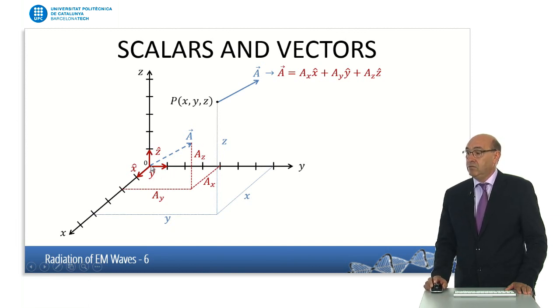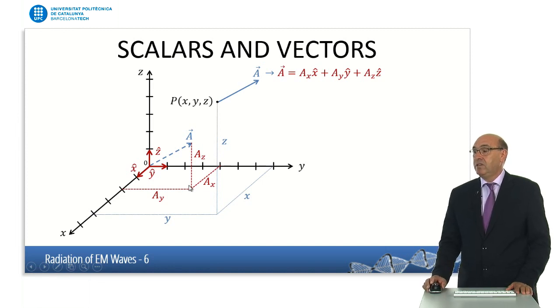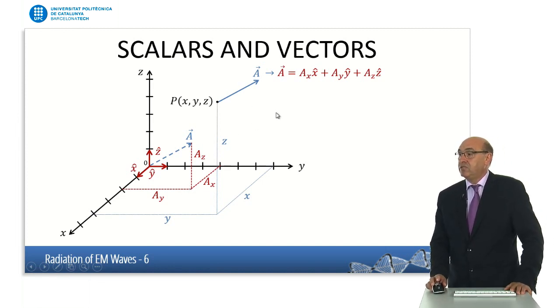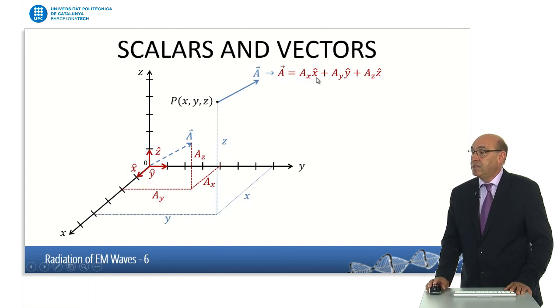And to go from the origin of the vector to the tip, we can move along this axis, along this one, and this one. Those 3 numbers are called the components of the vector. And for them, we will be using this notation: a number that has a subindex x for the x component, y, and z. And all those 3 just define the vector.